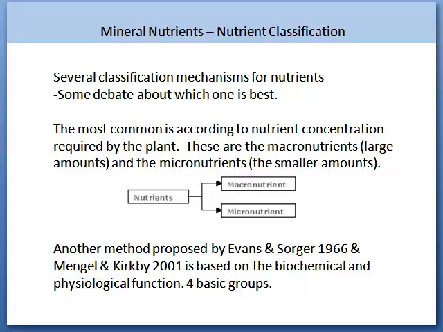The macronutrients are nutrients that are required in large amounts, whereas the micronutrients are nutrients that are required in smaller amounts. A second method was proposed by Evans and Sorger in 1966, and then developed further by Mengel and Kirkby in 2001, and this is based on the biochemical and the physiological functions, and these are separated into 4 groups.